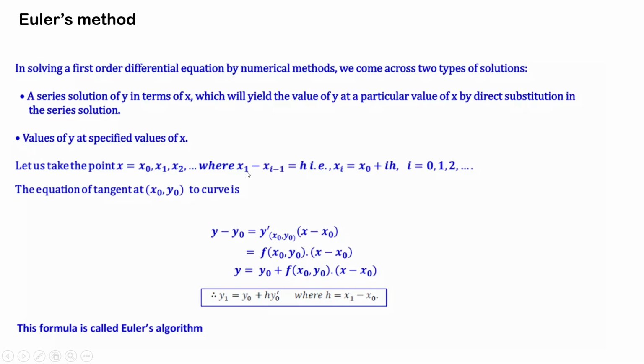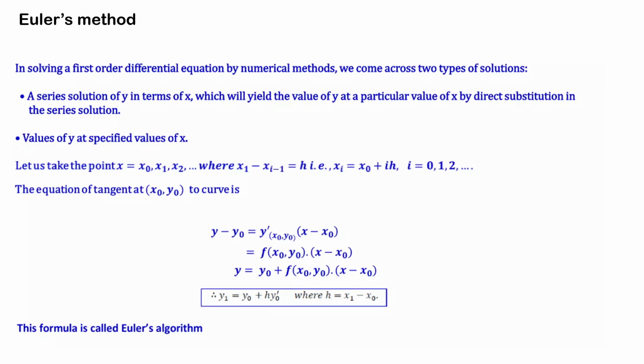So xi minus xi minus 1 is equal to h. Basically, your xi will be x naught plus i times h. So all the x values will come in a series, gradually incremented according to the h value.